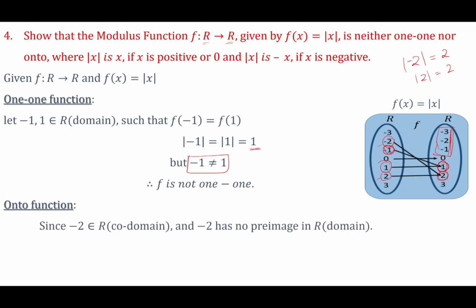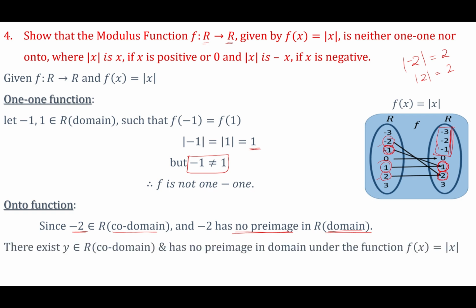Since you can just write one example, -2 belongs to codomain and -2 has no pre-image in domain. That's all. A general sentence you can write like this also. There exists y belongs to codomain and has no pre-image in domain under the function f of x is equal to modulus of x. Therefore, the given function is not onto.